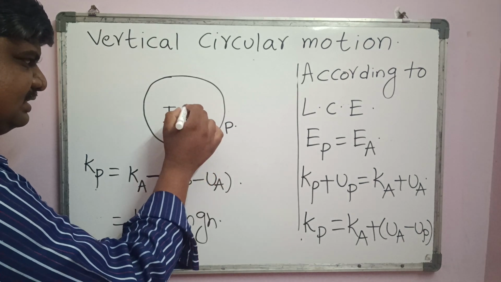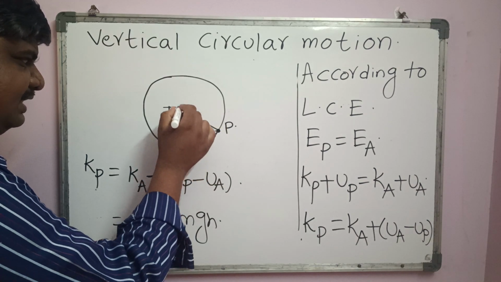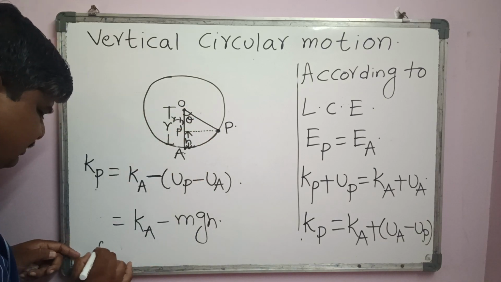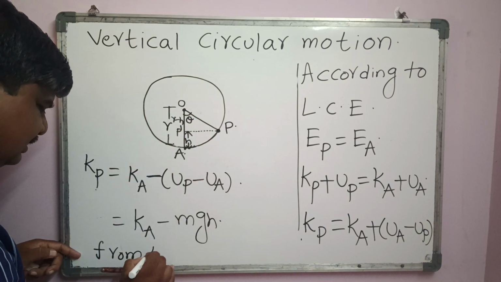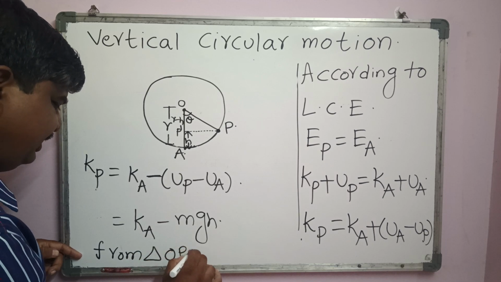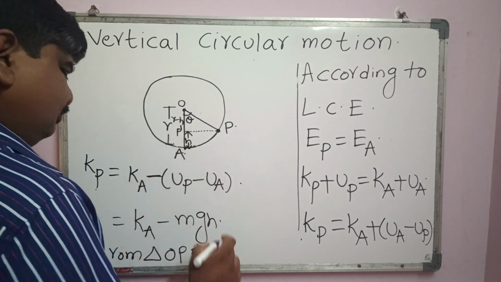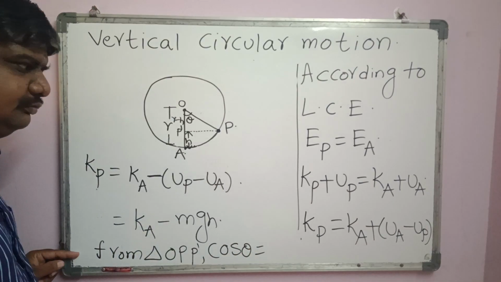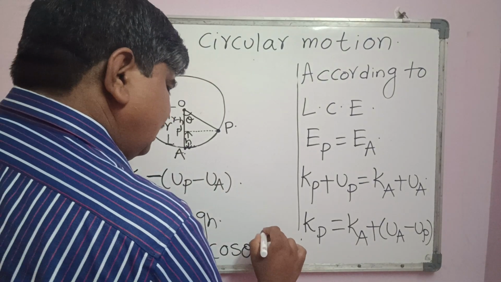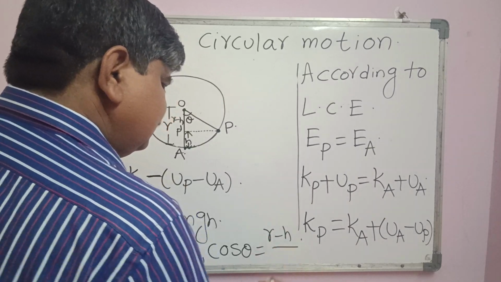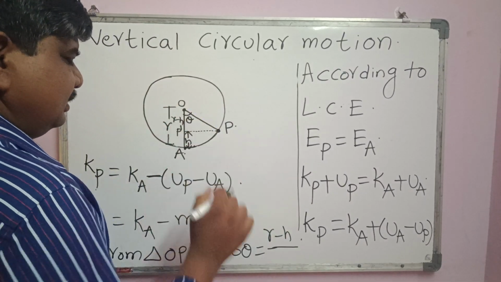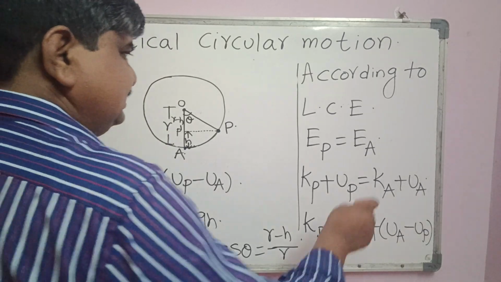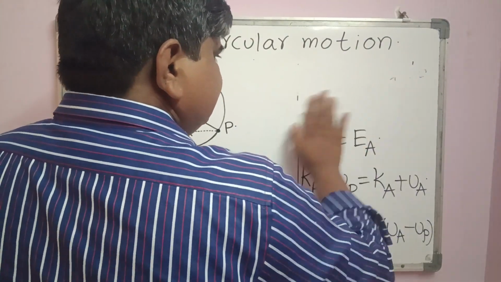Let us say this is OP, and P dash from triangle OPP dash. We can write cos theta equals adjacent side r minus h by hypotenuse r.